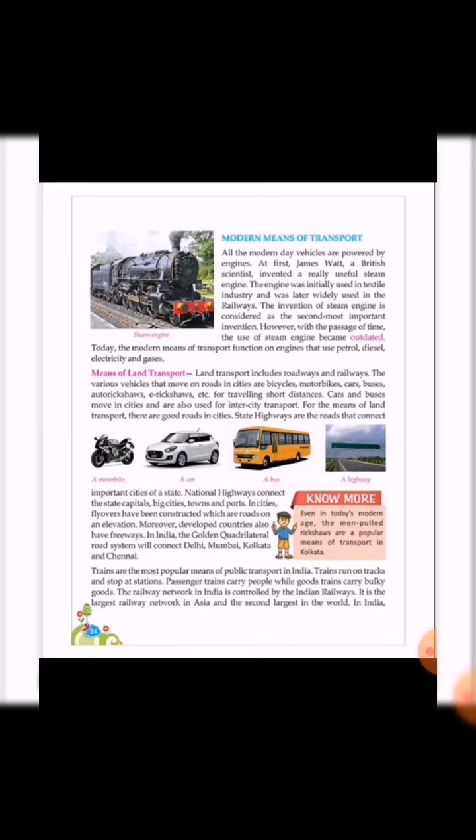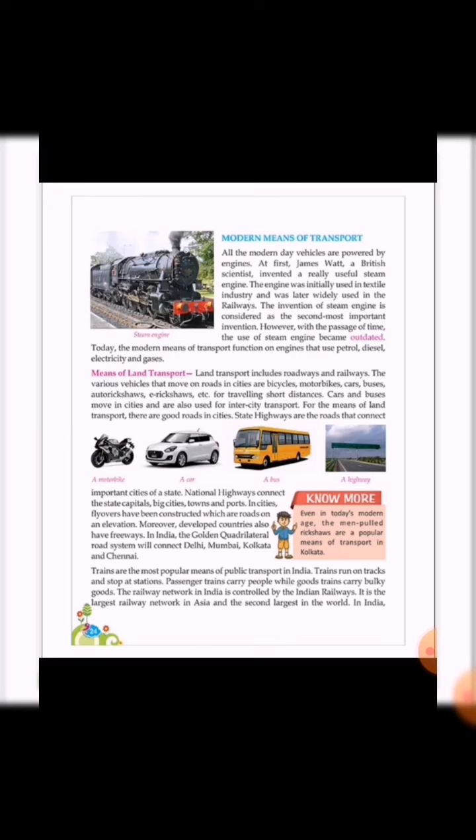Cars and buses move in cities and are also used for intercity transport. For the means of land transport, there are good roads in cities. State highways are the roads that connect important cities of a state. National highways connect the state capitals, big cities, towns, and ports.